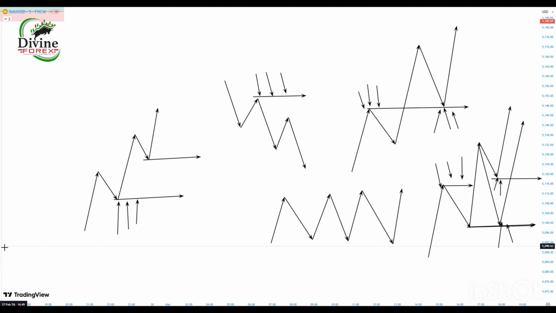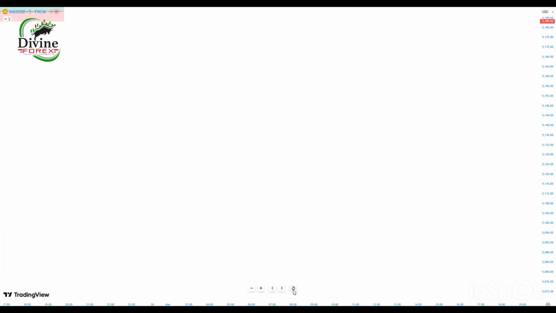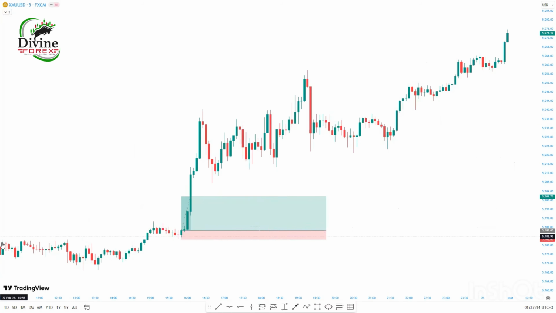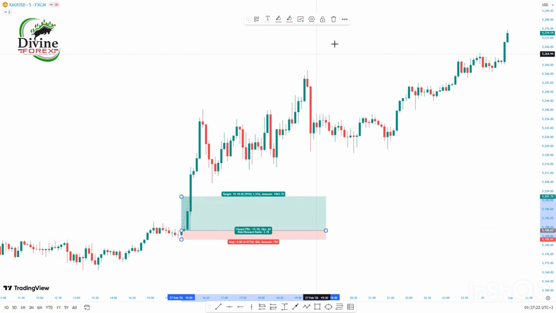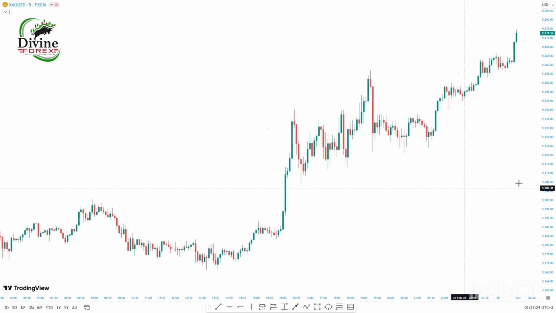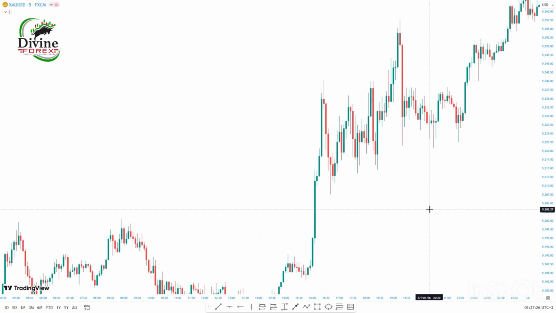So let's see on the real charts so that you can understand what I'm trying to elaborate here. Let's come to our real chart. For instance, this is Goldie, and this is our 5-minute chart. You can see here we have a series of bullish candles.